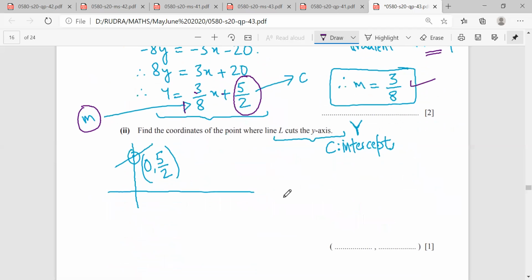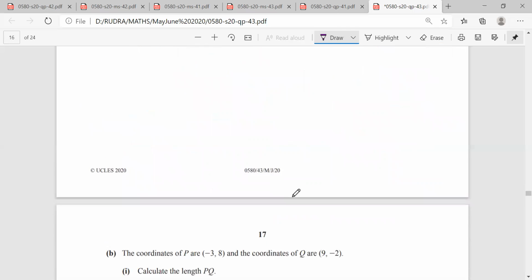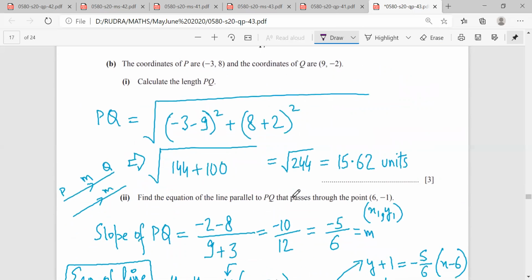Okay. And find the coordinates of the point where the line L cuts the y-axis. That means I need the c-intercept. The c-intercept is 5 by 2. So this would be the case where this line L would be cutting the y-axis at the point 0, 5 by 2. Any confusion? No, sir. The coordinates of P and the coordinates of Q are given, so I need to use the basic distance formula.